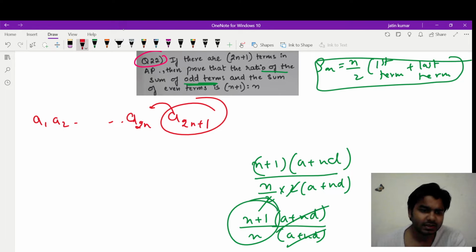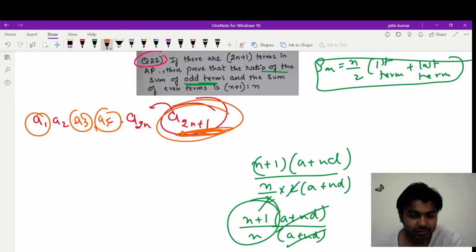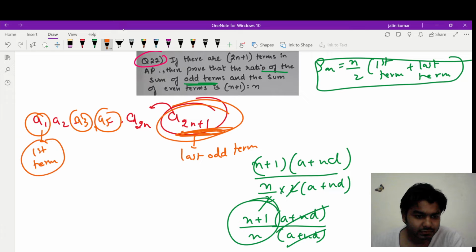A(2n). Now if I ask you how many odd numbers are there, you will say a1, a3, then a5 will be next, and the last will be a(2n+1). This is our last odd term, and this is our first odd term. So this is doing the work of a, this is doing the work of an, and we have a total of n+1 terms if we apply the formula.